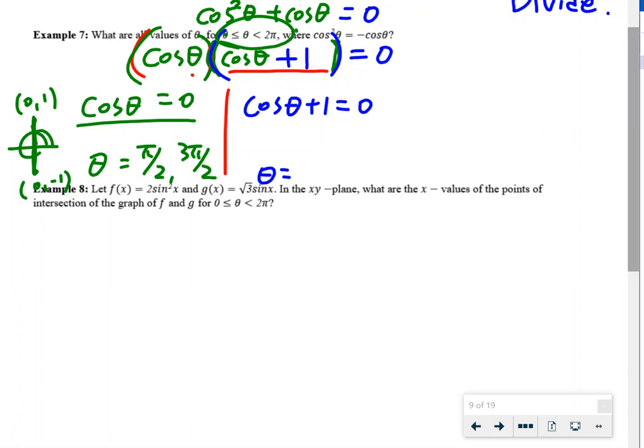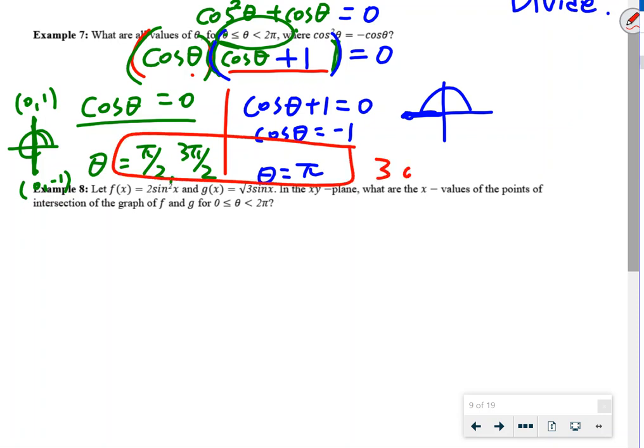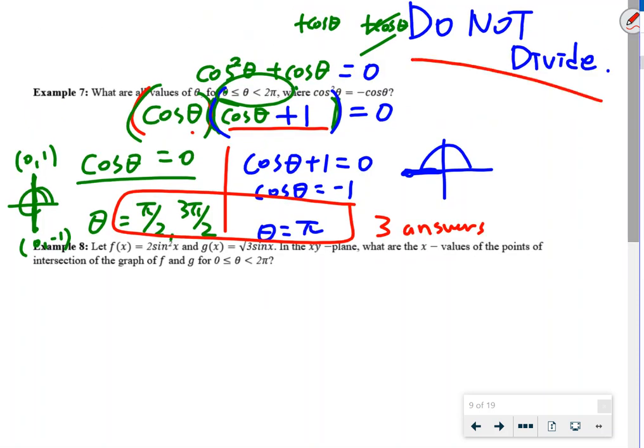What about blue? Cosine theta plus 1 is equal to 0, meaning cosine theta is equal to negative 1. So when you think about negative 1 for cosine, then I'm here, which is pi. How many answers total? From here, I'm getting 3 answers. Did you get all 3 answers? Again, if you divide, you may not get 3 answers.